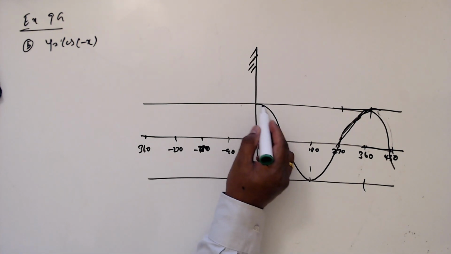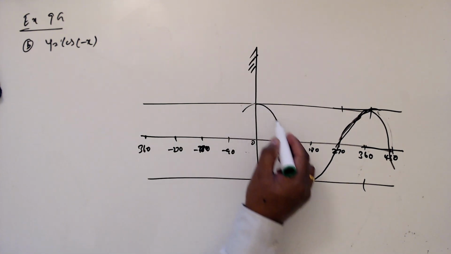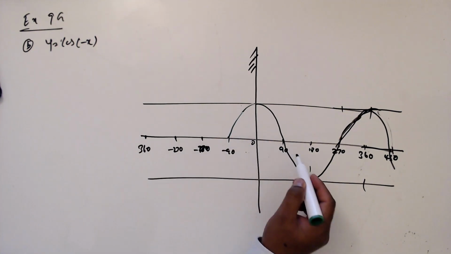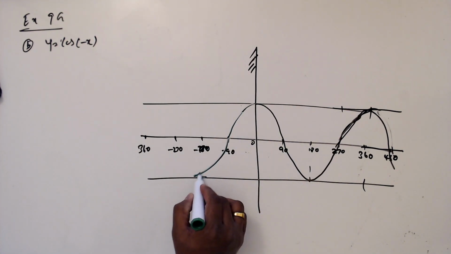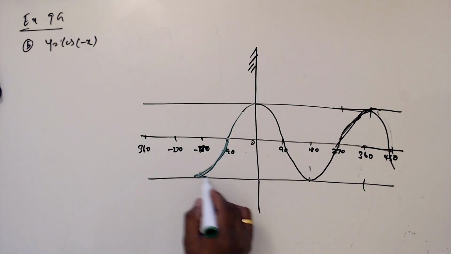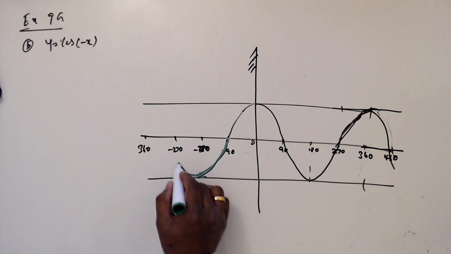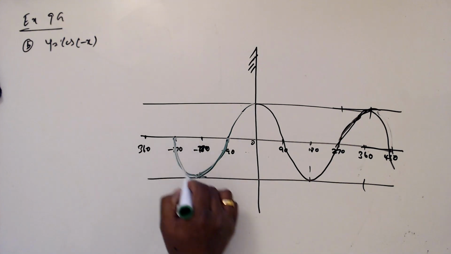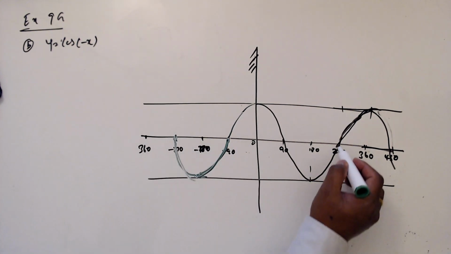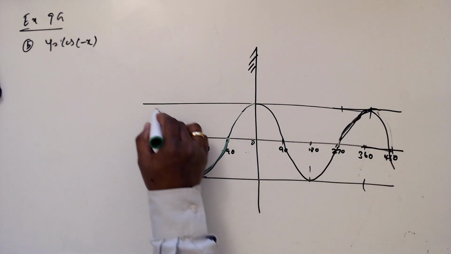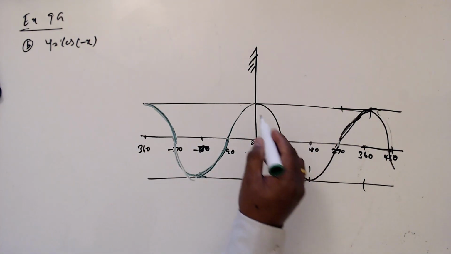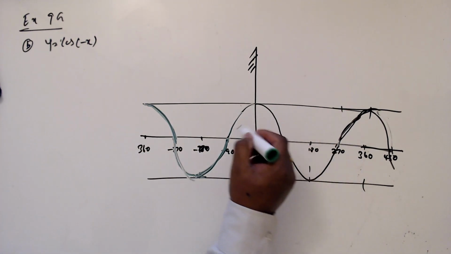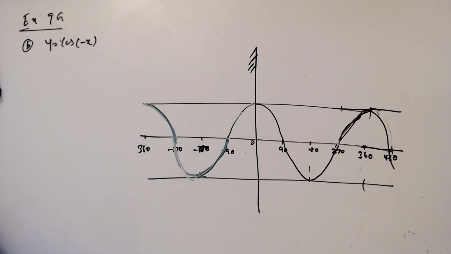So this bit is like this, up to here like this, then this bit is going to be something like this, and then this bit something like this. So this is the reflection of the y equals cos x graph.